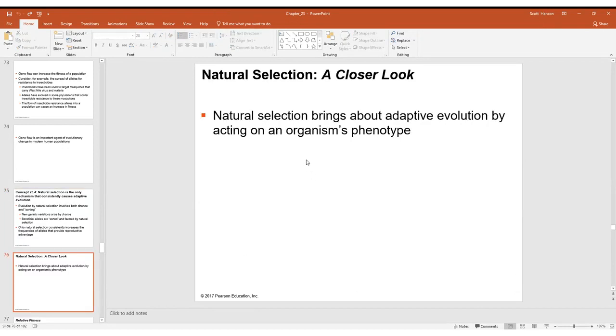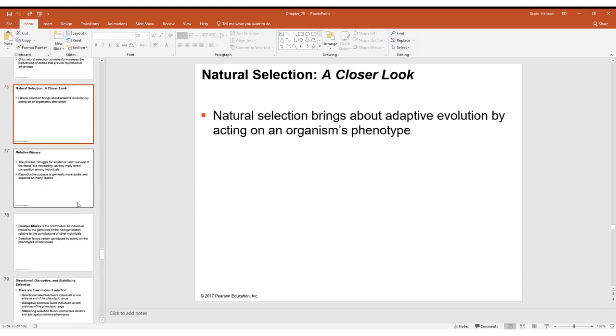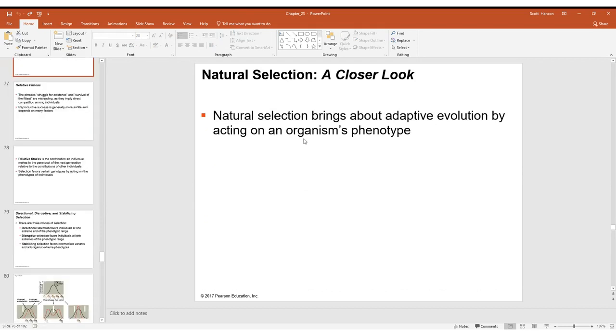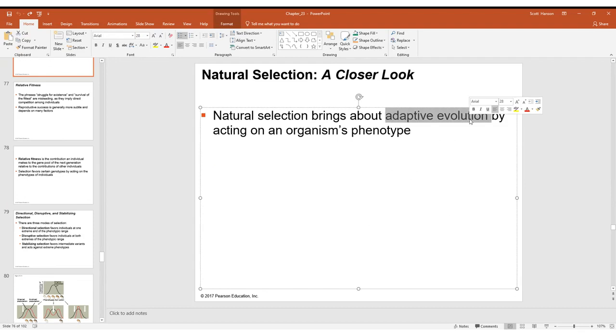So let's take a closer look at natural selection. It causes adaptive evolution. Remember that term, adaptive evolution, from a few slides ago. Natural selection acts on an organism's phenotype rather than its genotype.